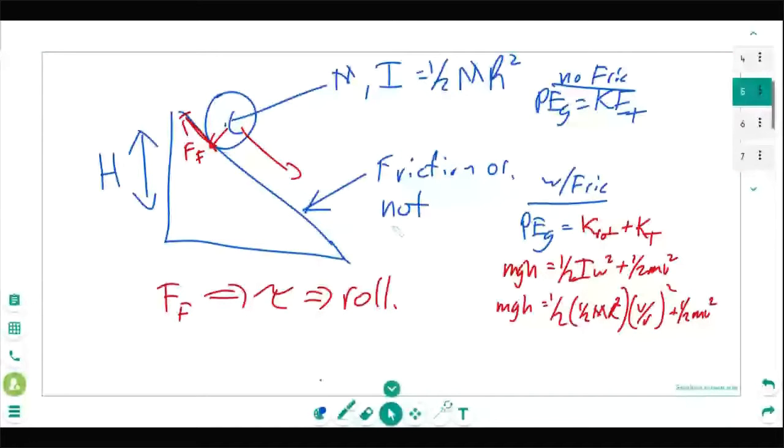It'll still have some velocity as it goes down there, which is why we still have translational kinetic energy in that case, but it will also be rolling with some angular velocity omega, which means we have some rotational energy in there. So with friction, we get some of that energy that would just be pure sideways, pure translational motion, and it gets converted into rotational in there.